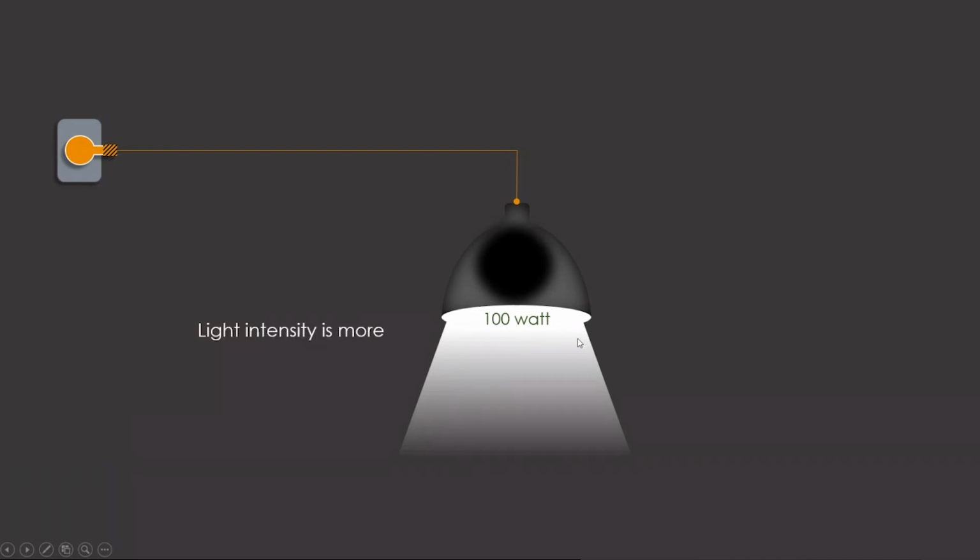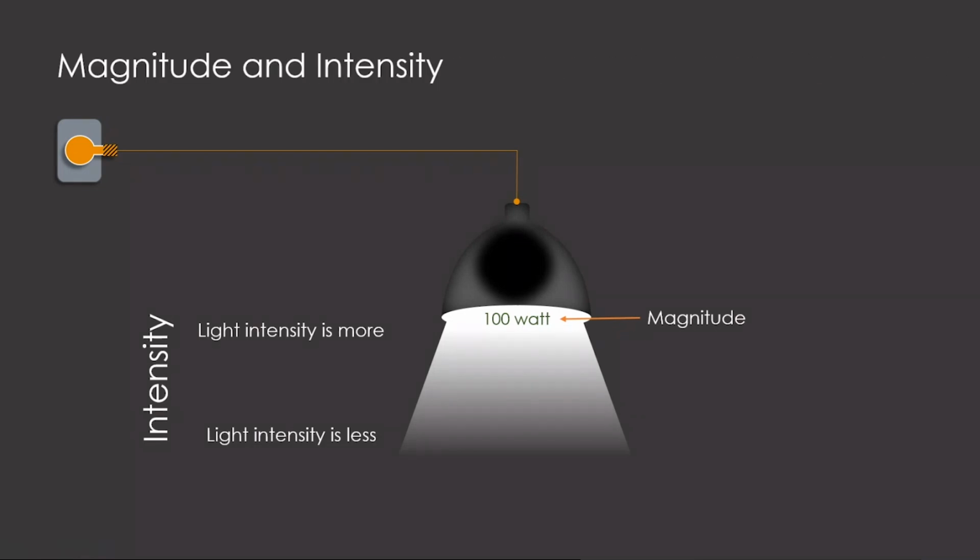The intensity of light near the bulb will be high, but if you move away from the light, the intensity reduces. Similarly, an earthquake also has two parameters: one is called intensity and the other is called magnitude. What is the magnitude? Magnitude is the maximum amount of energy released by the earthquake. That would be one single point.